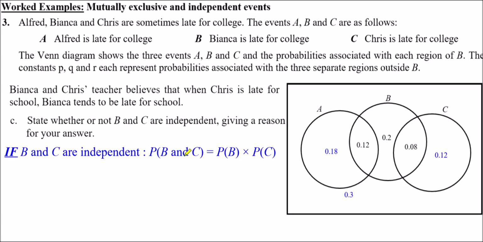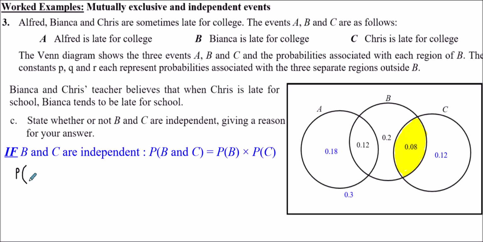B and C represents the intersection. So we have a look where B and C intersect, essentially where they overlap. So we've got here 0.08, as you can see. So if they are independent, then P(B) times P(C) should equal 0.08.